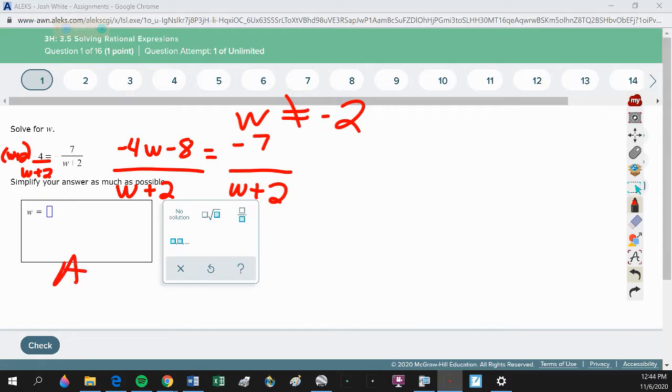If I had A over 3 is equal to B over 3, I don't need the 3's anymore, right? This is still true, A equaling B. So once you have a common denominator and you have listed what the answer cannot be, then you just eliminate the denominators and solve.